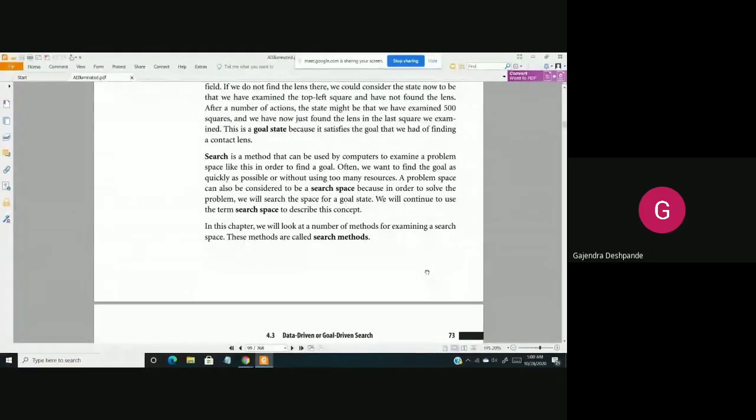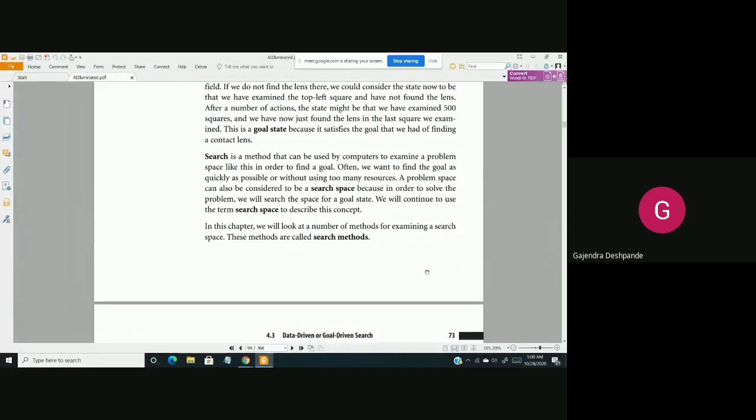So in this chapter, as the chapter title itself says, search methodologies, we are going to make use of various search methods in order to get the results.